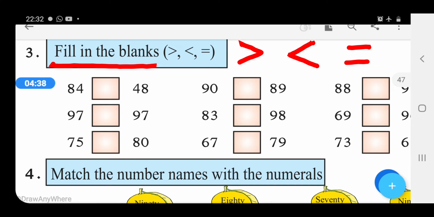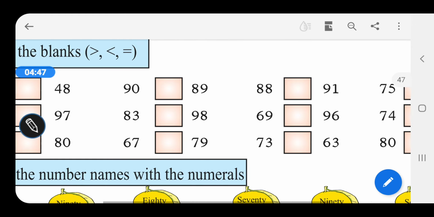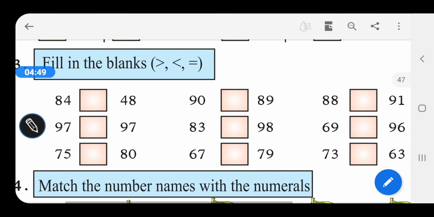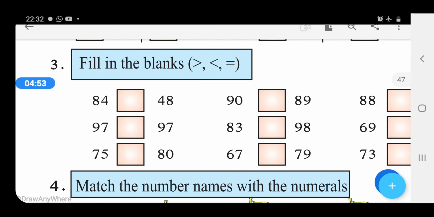Okay, for example, we have been given the number 84 and 48.